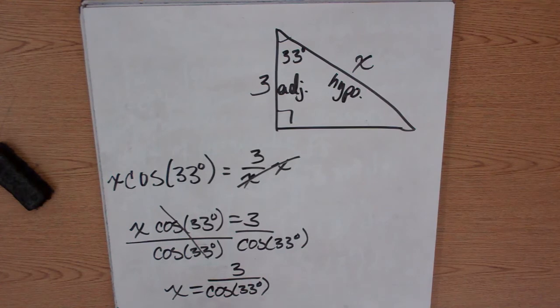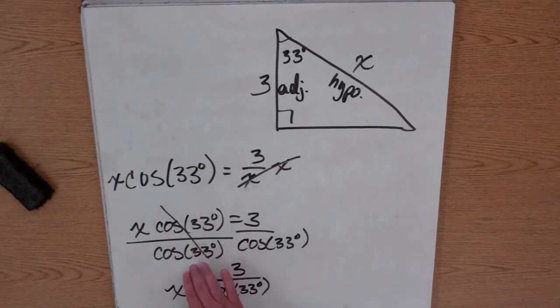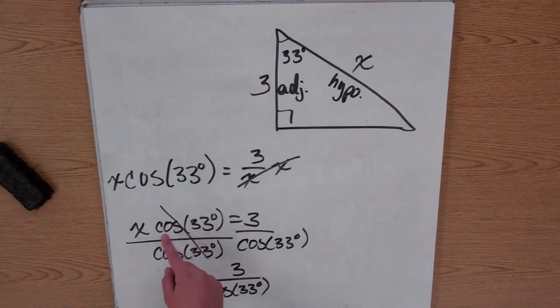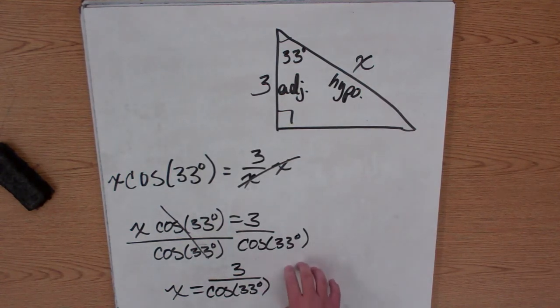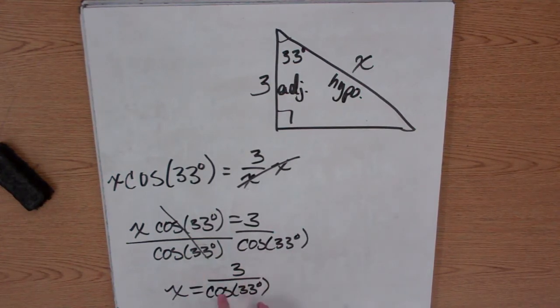When you get to the end, punch it in your calculator, but don't punch it in until the very end. Don't figure out the cosine of 33 degrees up here and then do x times that equals 3, because you're going to end up rounding the number, and you don't want to round your number for these. So leave it in the form of cosine of 33 degrees until the very end.